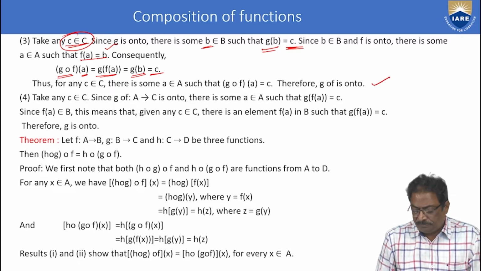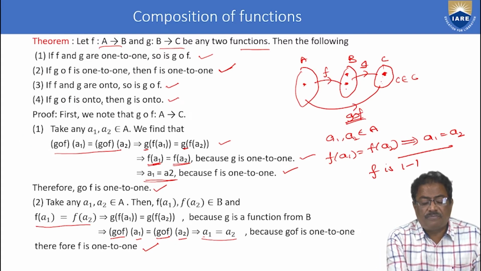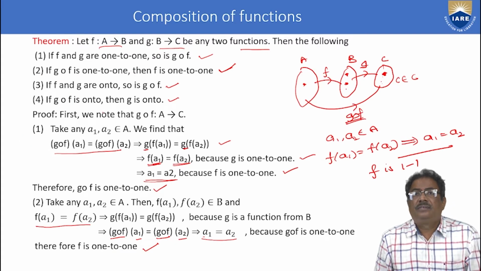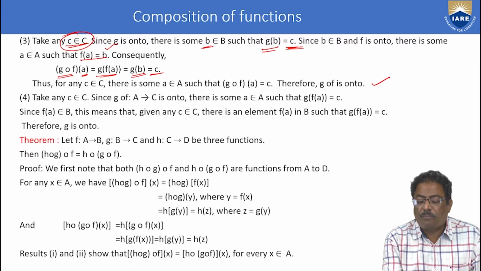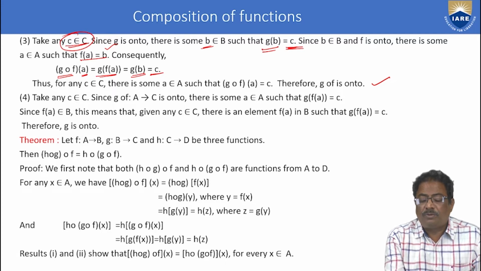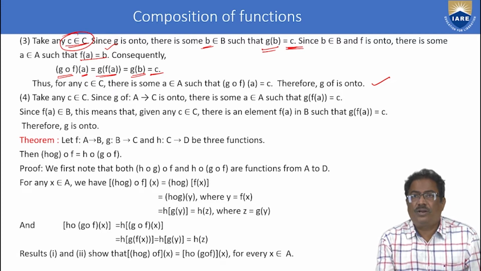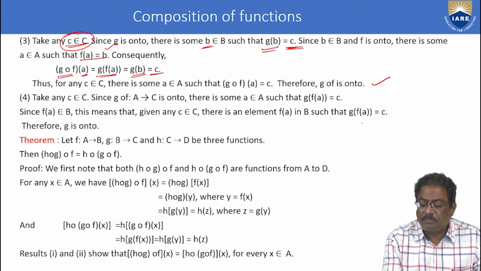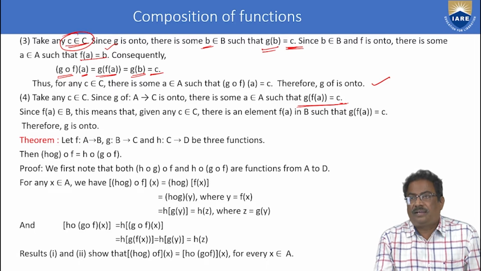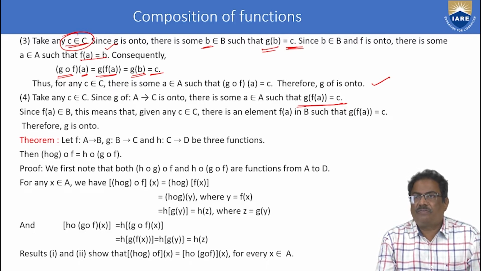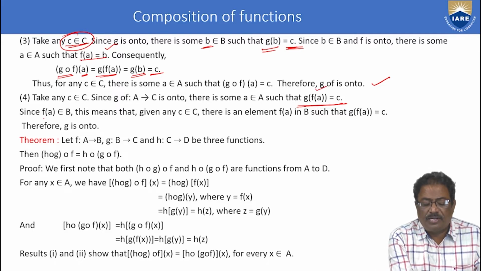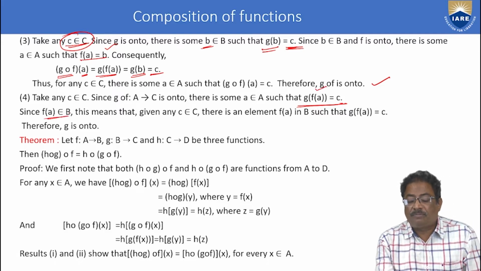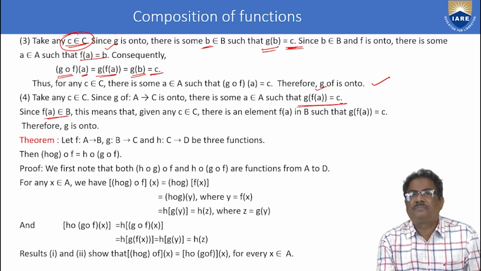Now the fourth one. g of f is onto is given, and we have to prove that g is onto. So for proving g is onto, we have to use the ontoness of g of f. So this is given itself because g of f is onto. So g of f of a is equal to c. So we can say that f of a definitely belongs to B. And g is a function.